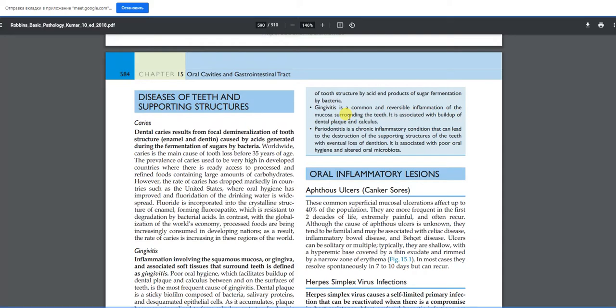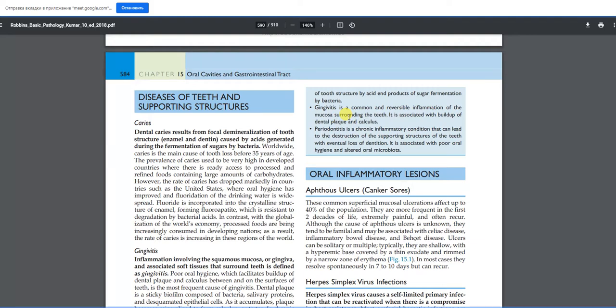Sometimes, if it's lower teeth, mandibular teeth, they can spread even into the connective tissue of the neck, and from the connective tissue of the neck it can come into the mediastinum. The most severe outcome of caries is of course mediastinitis, inflammation of the mediastinum. In 50% of cases it leads to death.